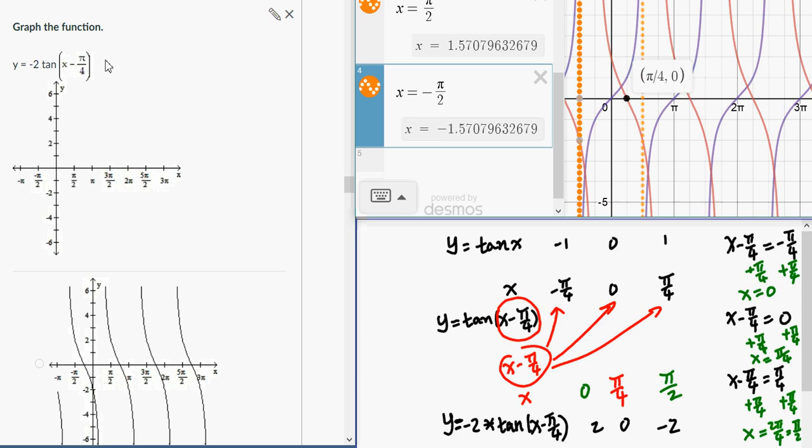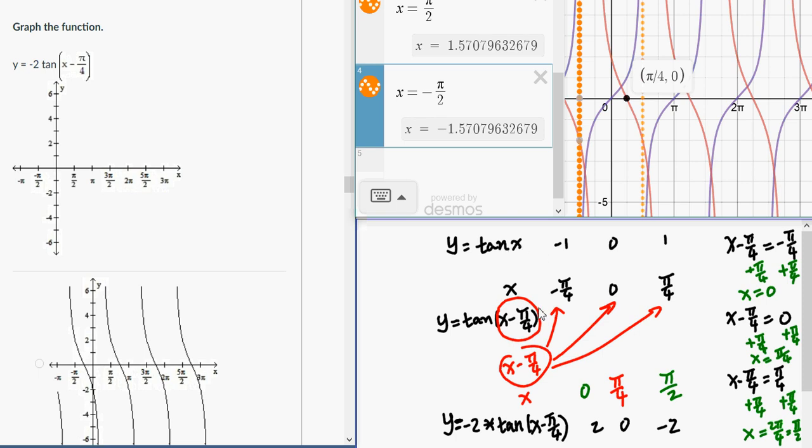Let's see x minus pi over 4, this graph first, without considering -2. Previously, in order to have the quantity after tangent, which is x, be 0, you just need x to be 0 for tangent x.